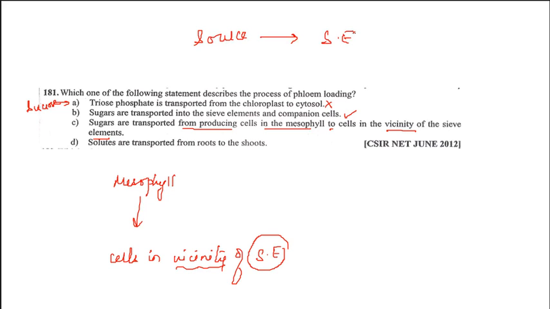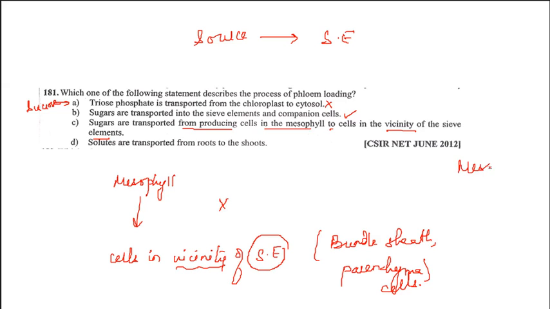In the vicinity of the sieve element are bundle sheath cells and parenchyma cells. Transporting to bundle sheath cells and parenchyma cells is not phloem loading. The transport of sugar from mesophyll directly to the sieve element is phloem loading. That is just a transport pathway, but loading is when the sieve element is loaded.